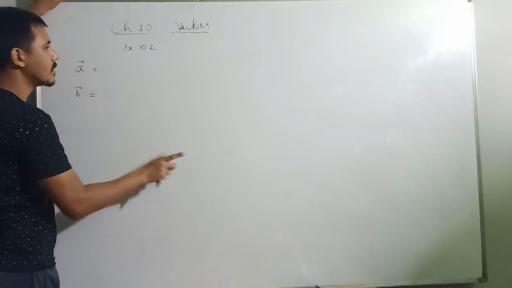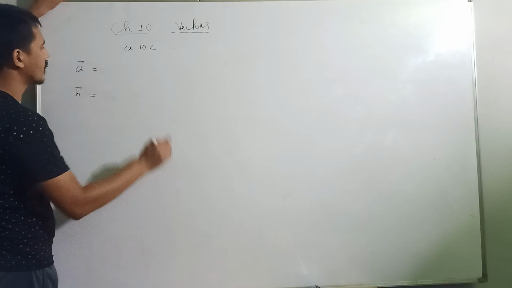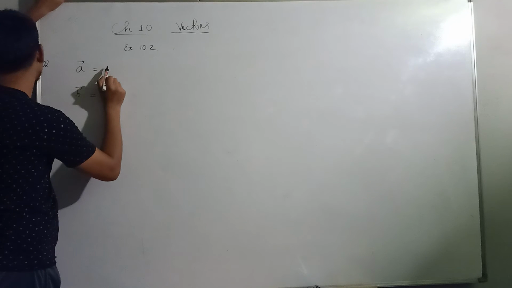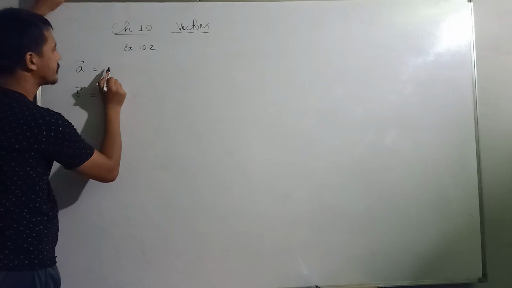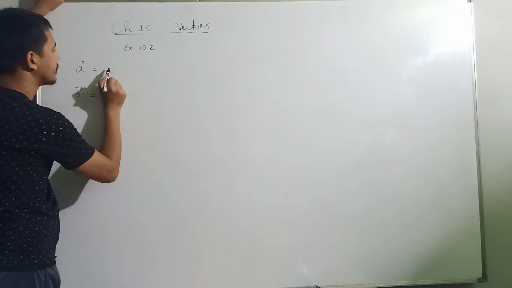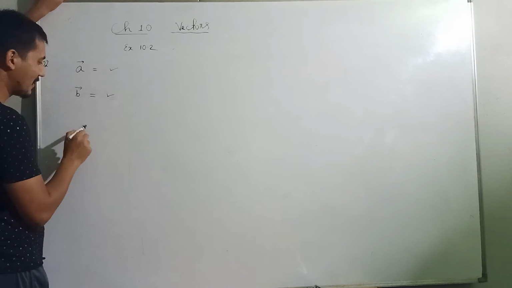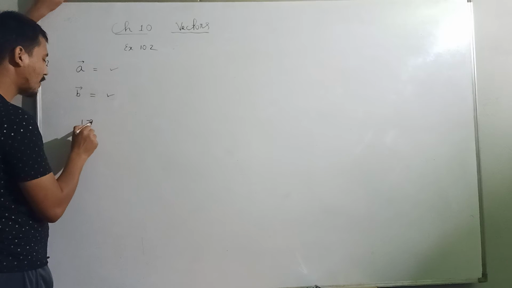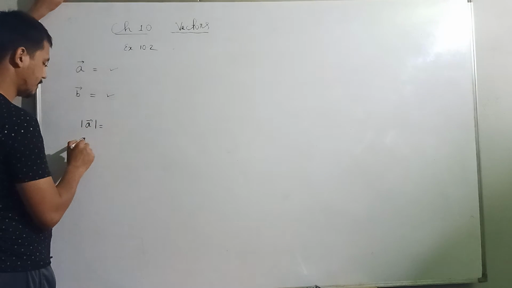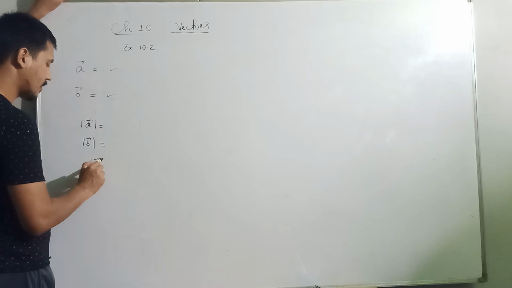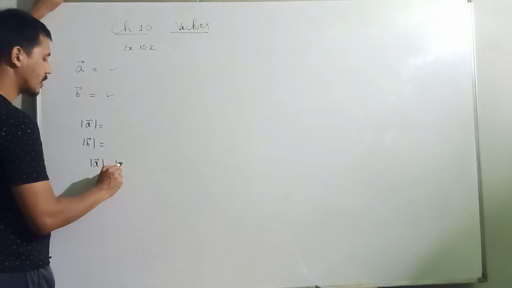But when you find their magnitude, they should be equal. You can choose A and B to be any vectors, but when you find out their magnitude, they should be equal.